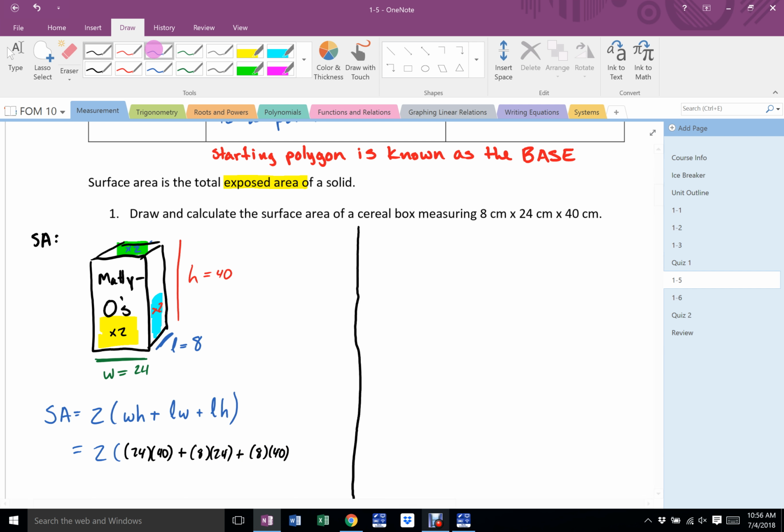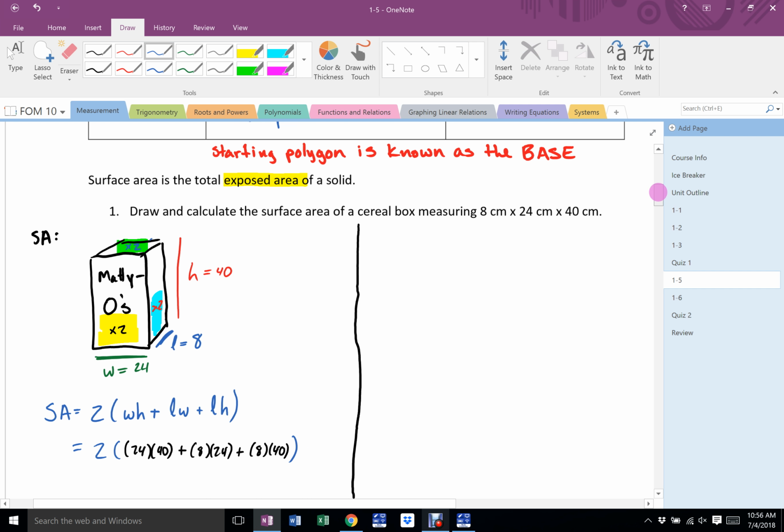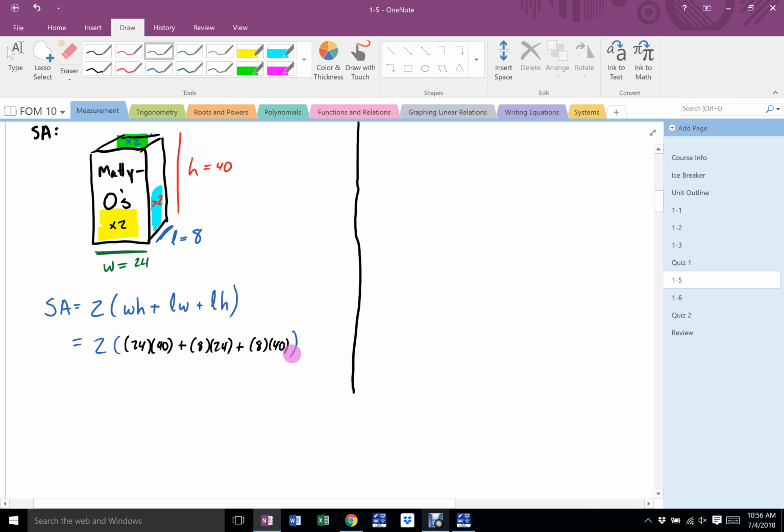Now, here's the problem. Half of you are going to try and do that in one step on your calculator, and you're going to get the wrong answer. Because what you're going to do is you're going to see that that is multiplied. W times H. That is multiply, and that is multiply. And that is multiply. But what are those? Addition. And you're going to punch it into your calculator, going times, times, times, and then you're going to multiply the whole thing by 2.